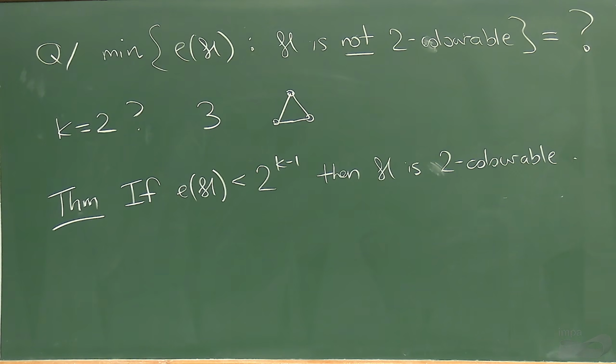Okay, so what are we trying to do? You've been given this k-uniform hypergraph with fewer than 2 to the k edges. I claim that there does exist a coloring into red and blue such that no edge is monochromatic.